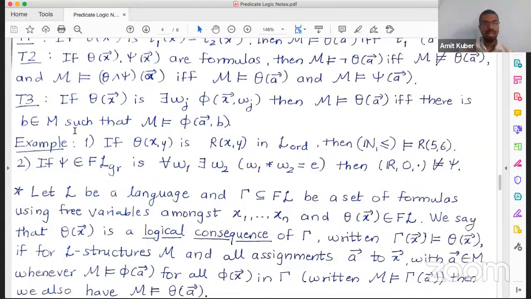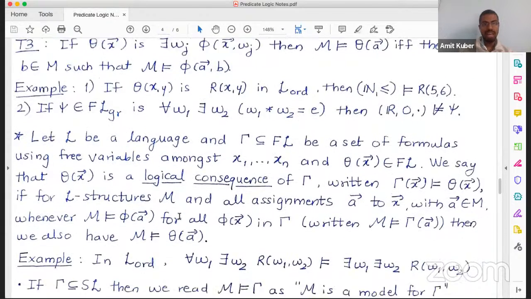Okay, in that case, we can proceed now. Let me quickly remind you once again of what logical consequence is, because that is important. Let L be a language.